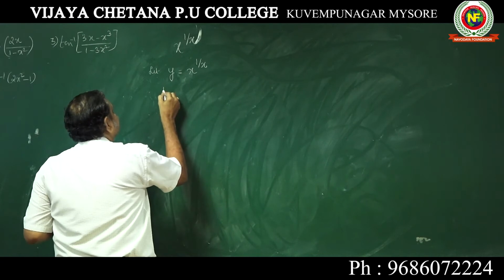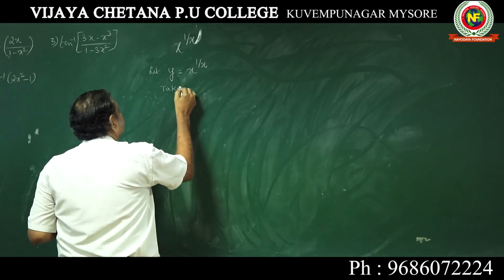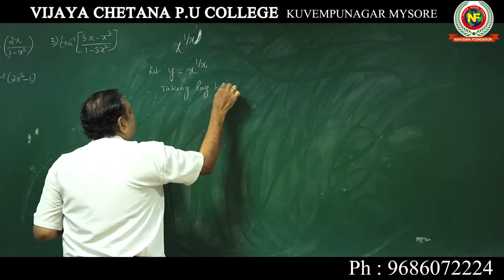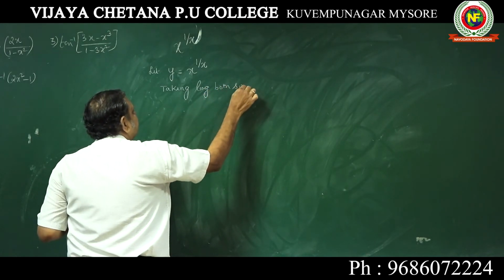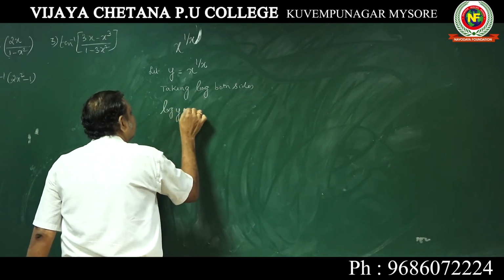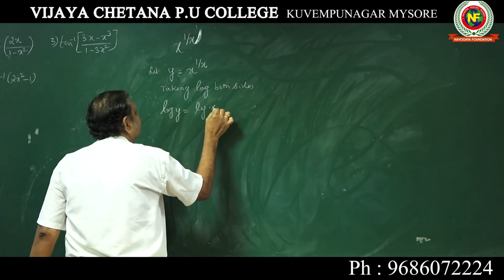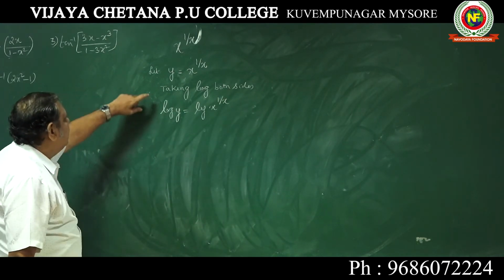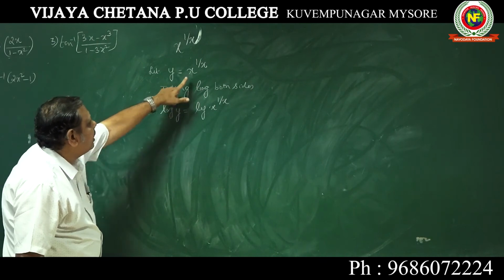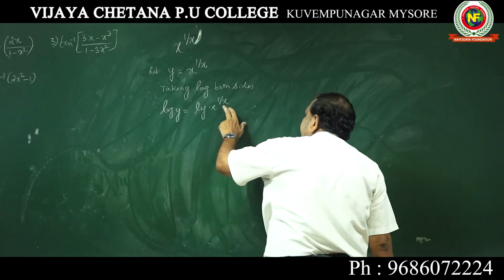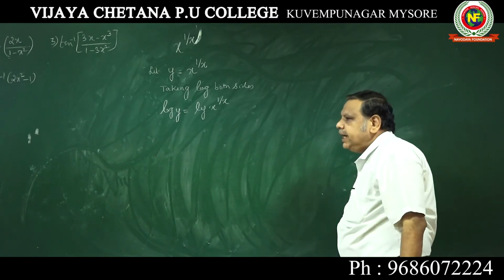Taking log on both sides, log y is equal to log x to the power of 1 by x. Here I told you log m to the power of n is n log m.